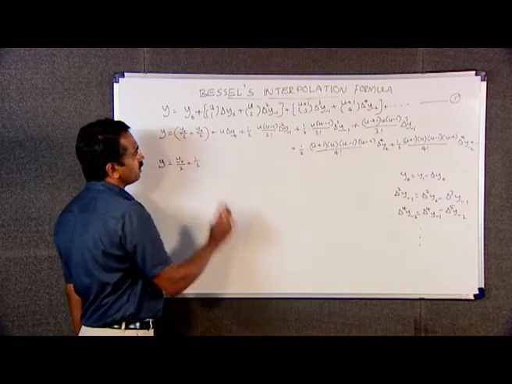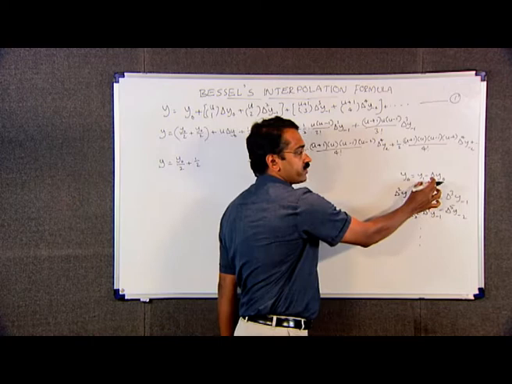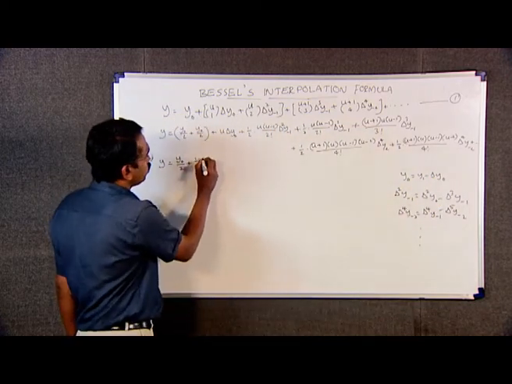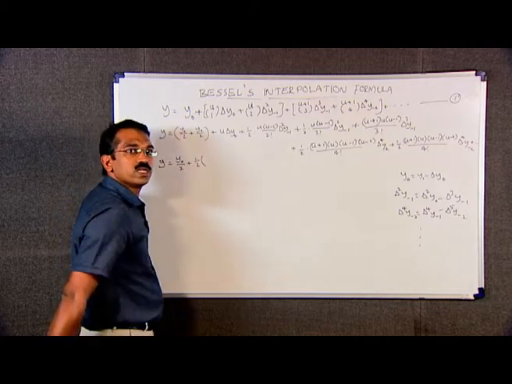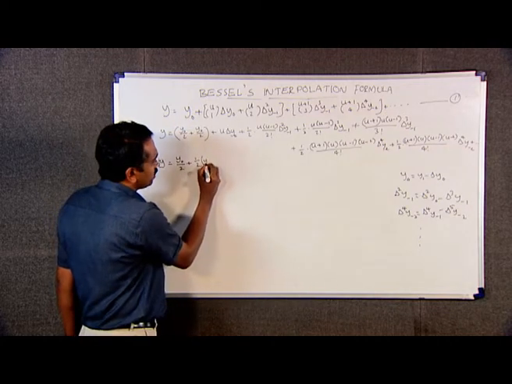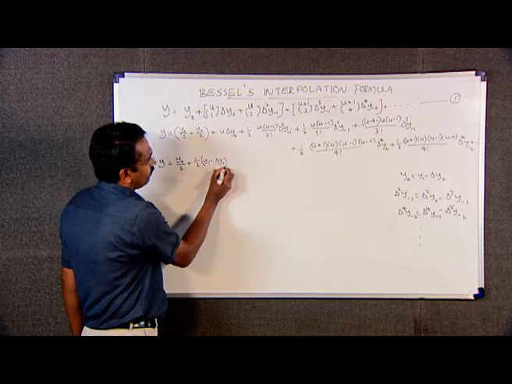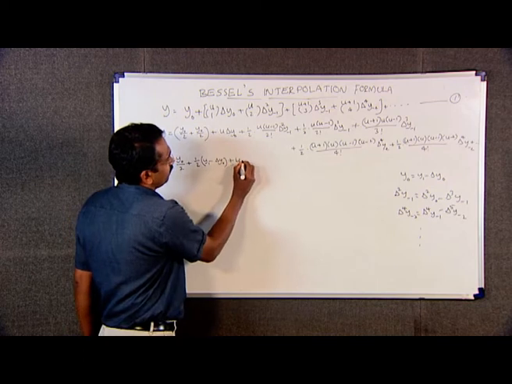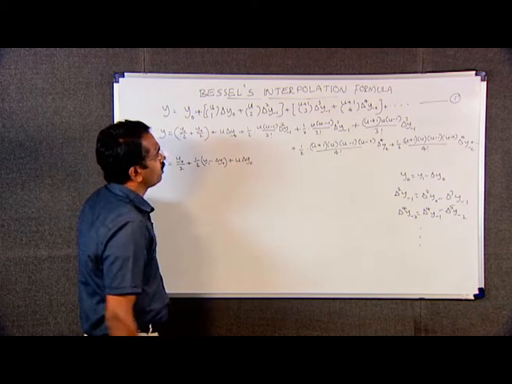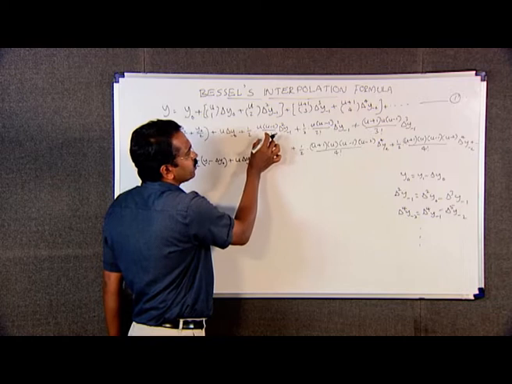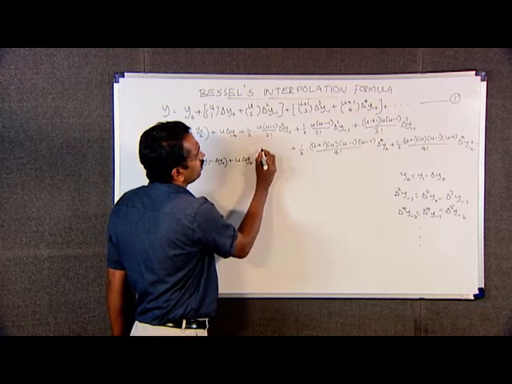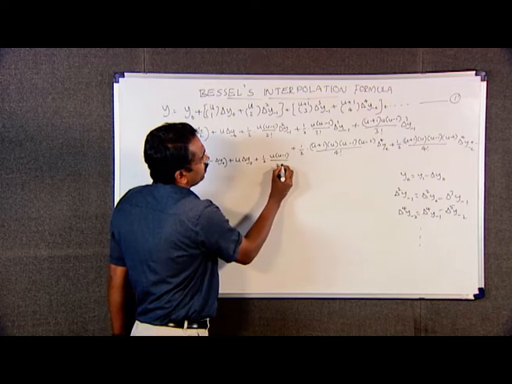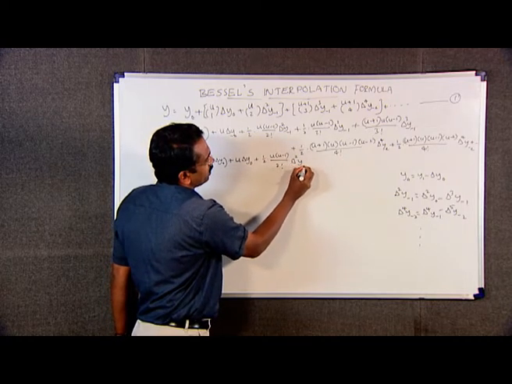For this second split up we use this result, y0 equal to y1 minus delta y0, that is 1 by 2 into (y1 minus delta y0), plus u into delta y0, plus this first split up is 1 by 2 into u into (u minus 1) divided by 2 factorial into delta square y minus 1.